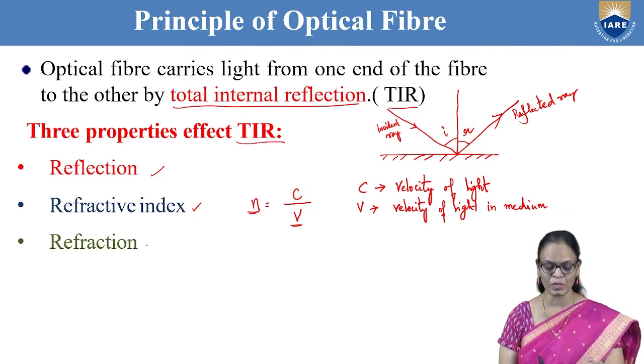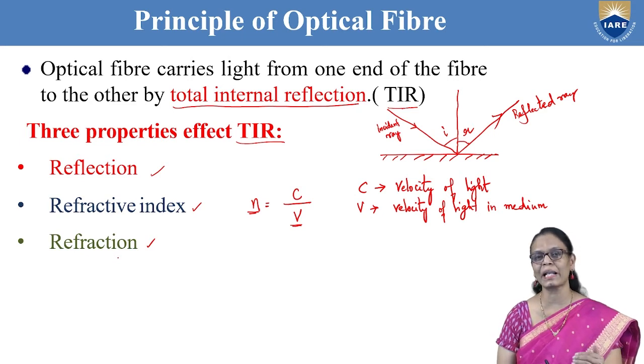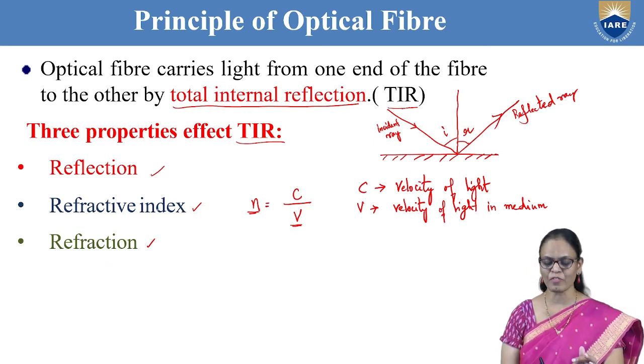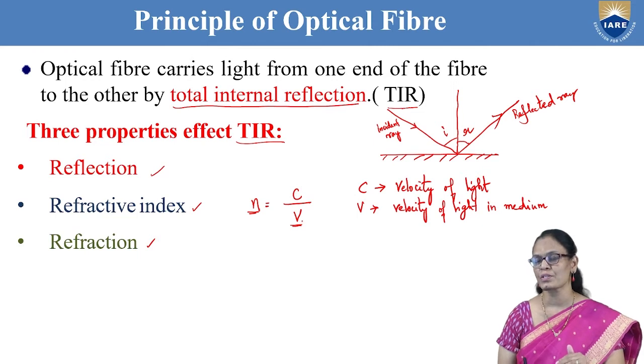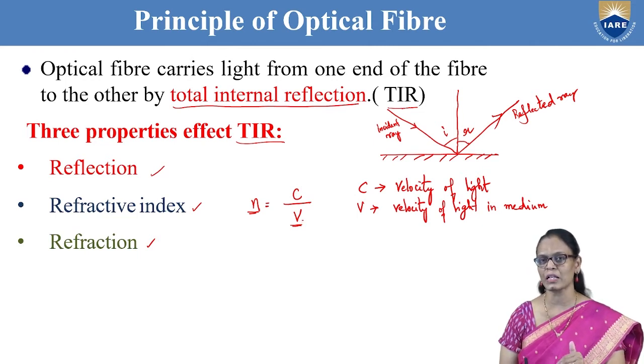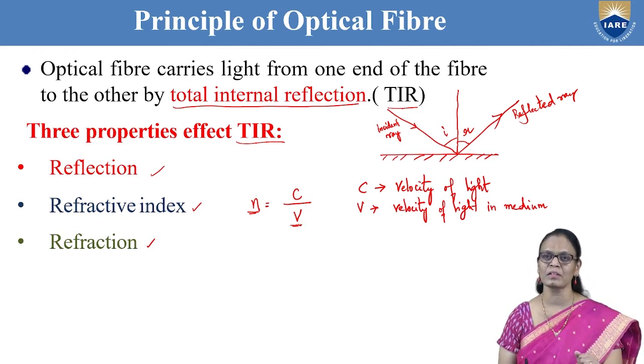And then coming to refraction. Refraction is nothing but bending of the light ray at the surface of separation of two different media. Because of the change in media, depending upon the refractive index of the media, the velocity will change. So when velocity varies, there will be bending in the light ray.